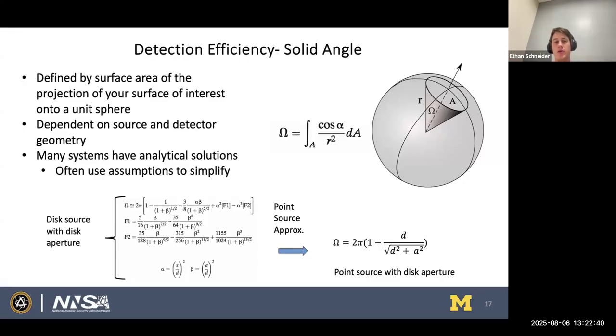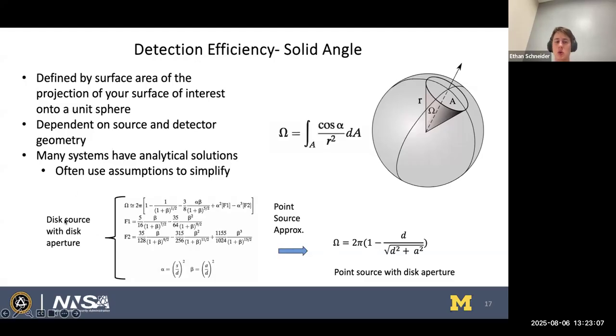In many of our common cases, there's an analytical solution to this surface integral. A very common one would be this one on the bottom right for a point source with a disk aperture, where this is a pretty easy equation to solve. However, whenever we get a more complex system, the solutions for this analytical function can be very difficult, or in some cases impossible.